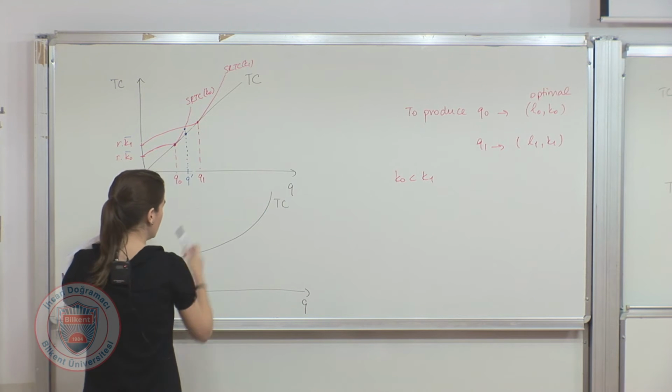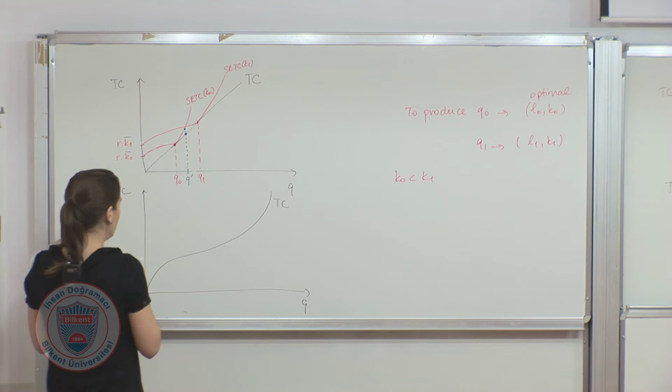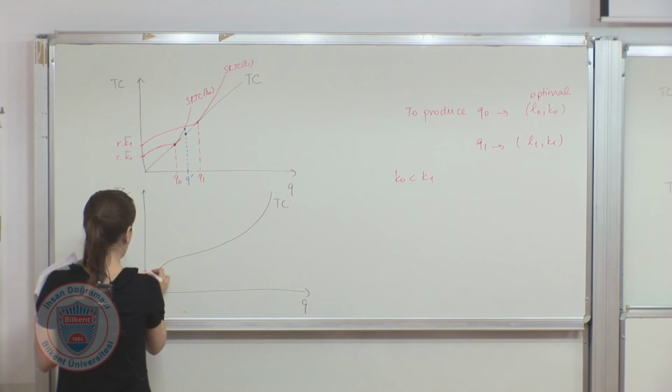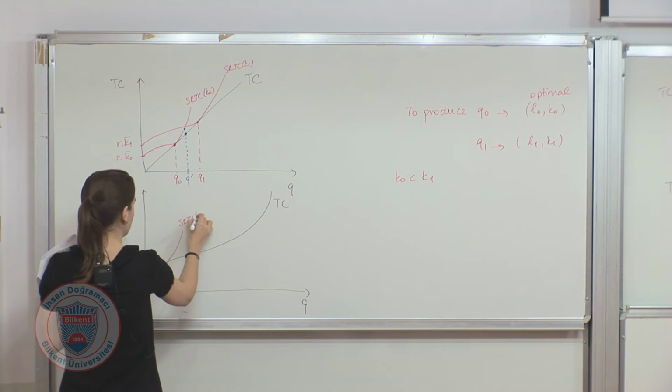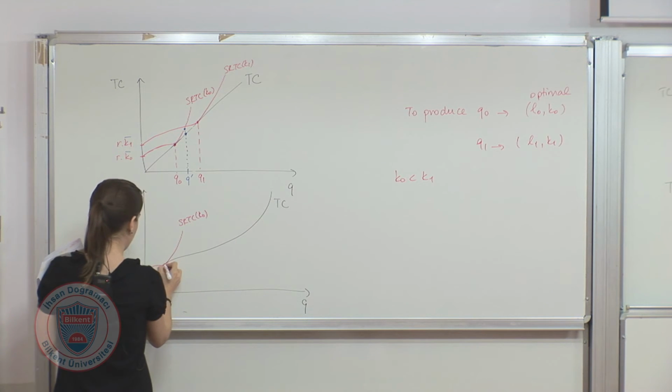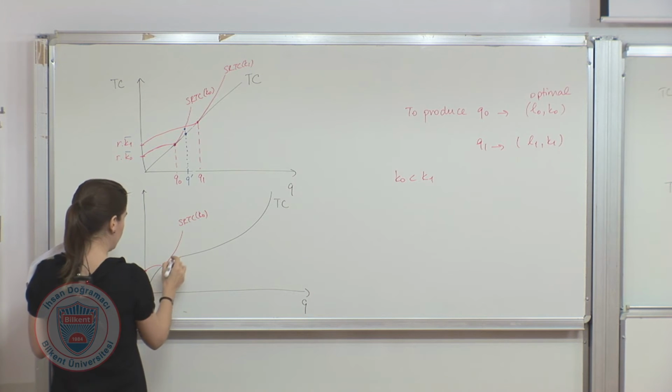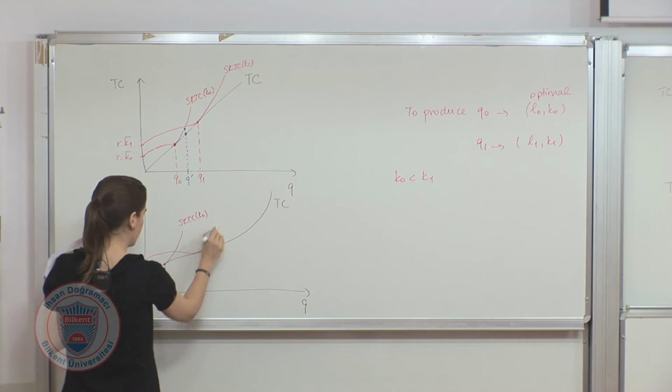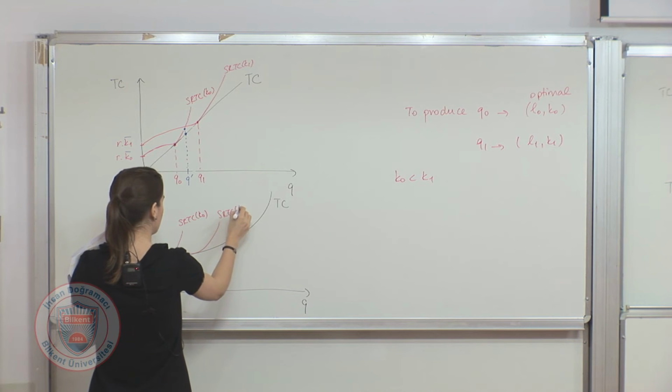If you have a total cost curve like this, you would still have very much the same cost curves, like this and then like this. Suppose short-run total cost K0, so I put Q0 here, okay? And then it would be again short-run total cost K1.